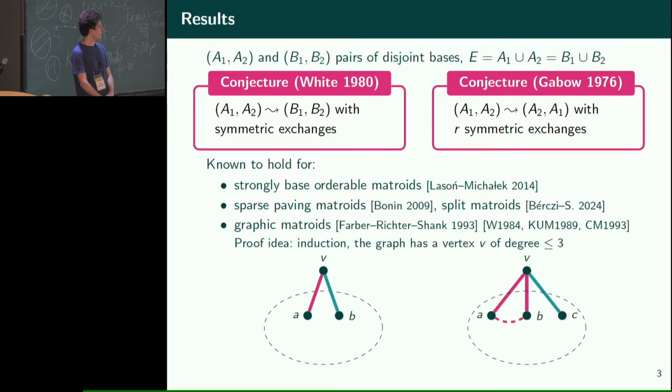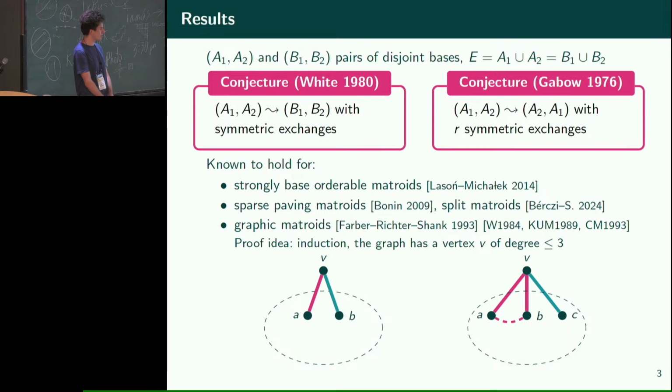The main idea is that we have a graph that is a union of 2 spanning trees. If the graph has n vertices, then it has 2n minus 2 edges, which implies that there is a vertex of degree less than 4, so a vertex of degree 2 or 3. And in both cases, we can apply some induction.